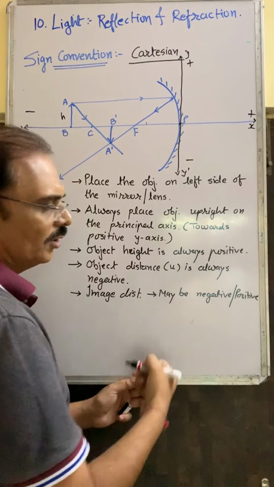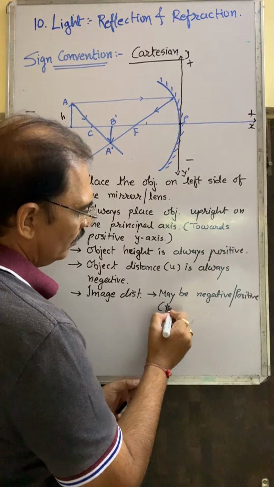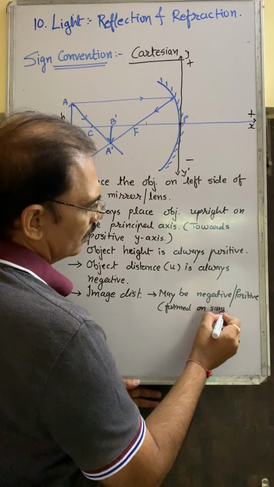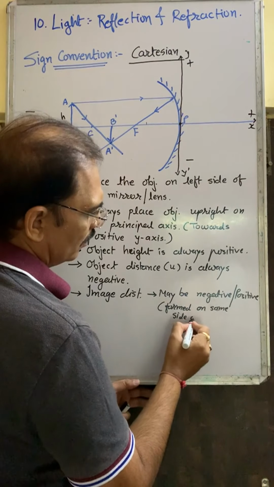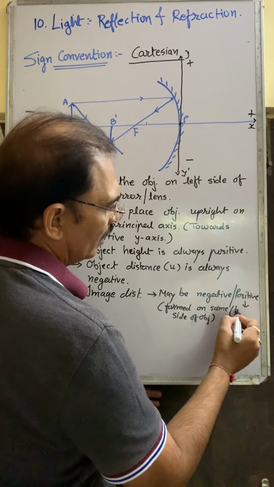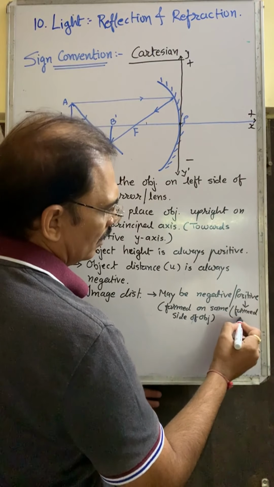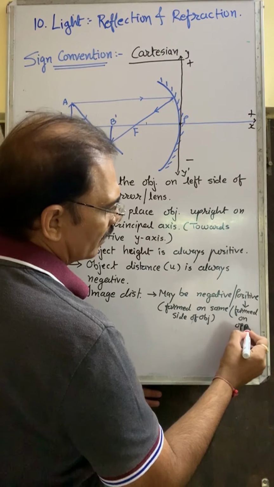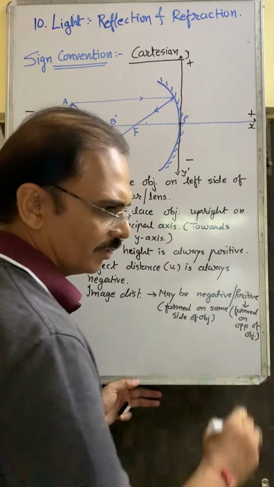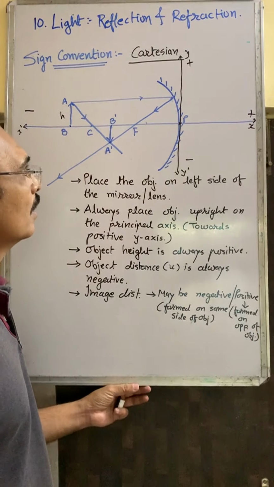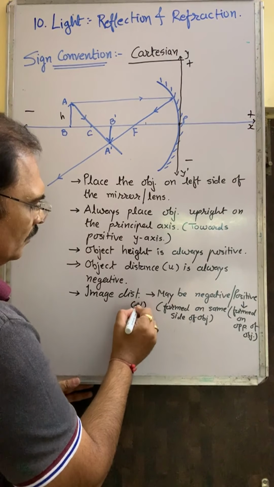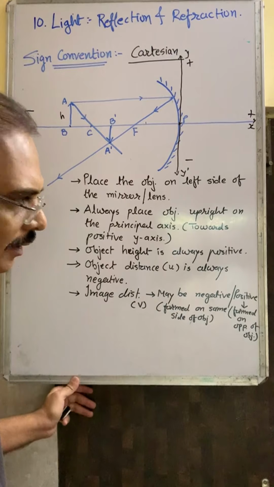Negative is possible only when it forms on the same side of the object, and positive is possible only when it is formed on the opposite side of the object. Okay? Image distance is denoted as small v, not the capital, it is called small v.